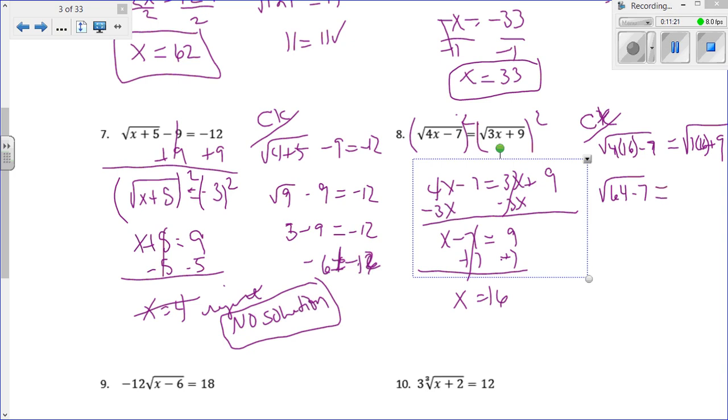Equals 3 times 16 is 48 plus 9. So I will get the square root of 57 equals the square root of 57. So that works. So we're good with 16.